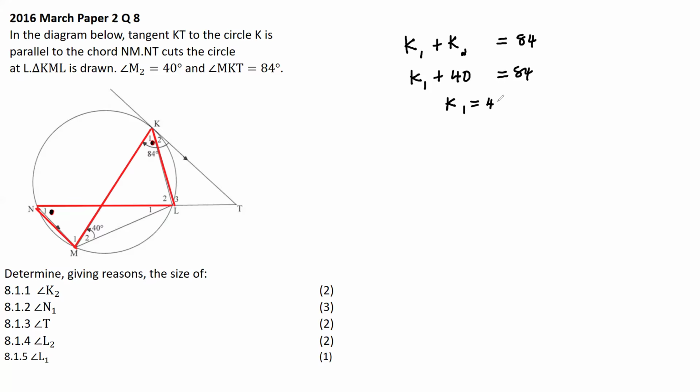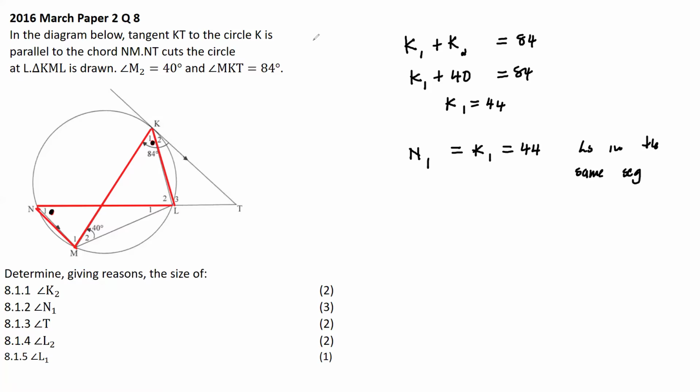Therefore N1, which is what we're looking for, is equal to K1, which is 44. Your reason: angles in the same segment. The same chord, ML, is subtending N1 at the circumference and K1 also at the circumference.